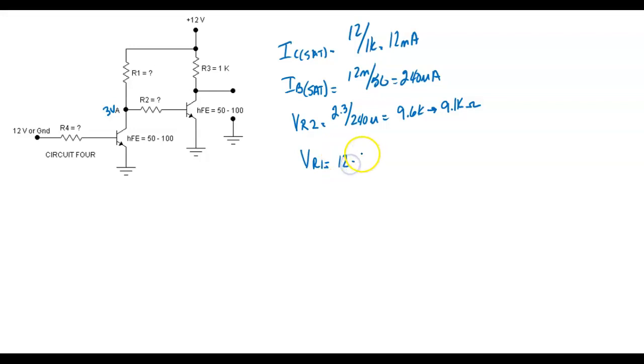It's going to be 12 minus 3, right? That gives us what? 9. Minus 3 because it's Kirchhoff's law, right? And you don't have to take out the 0.7 because that's by this resistor right there, right? Understand? So when we came up here and measured that, that's going to measure 3 volts. So we know that guy's got to measure what? It's got to measure 9.